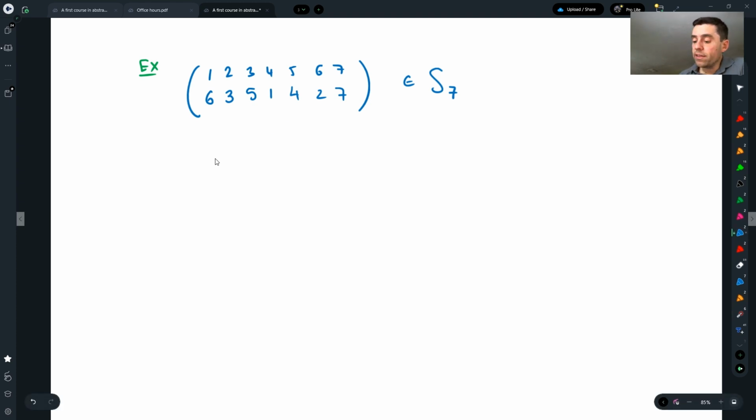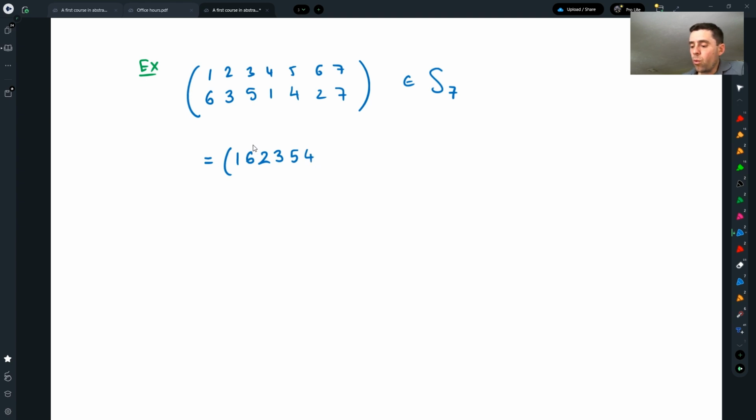So I want to write this in compact cycle notation. So let's see where 1 goes. I start with 1 and see where it goes. 1 goes to 6. Okay, now I look at 6 and see where 6 goes. So 6 goes to 2. Then I look at 2 and see where 2 goes. 2 goes to 3. 3 goes to 5. 5 goes to 4.